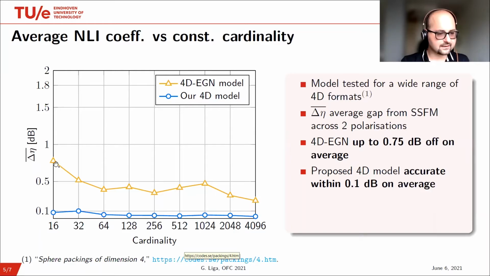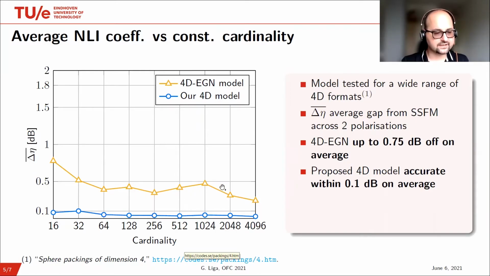And here you can see the yellow line represents the results for the 4D EGN model. The 4D EGN model on average can deviate from the true values of the NLI coefficient by up to 0.75 dB for constellation cardinality of 16.